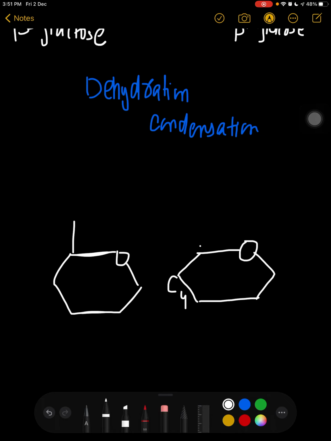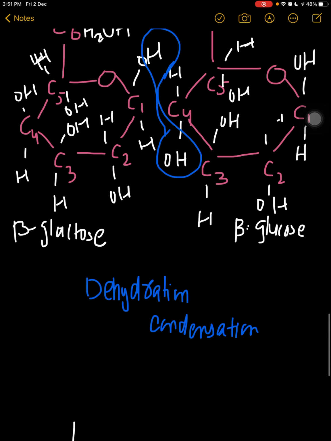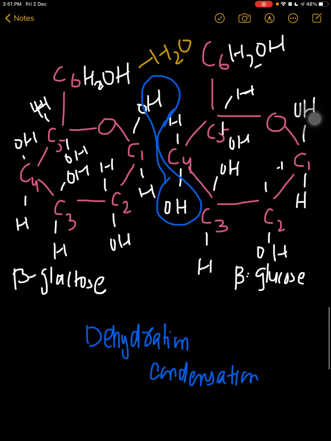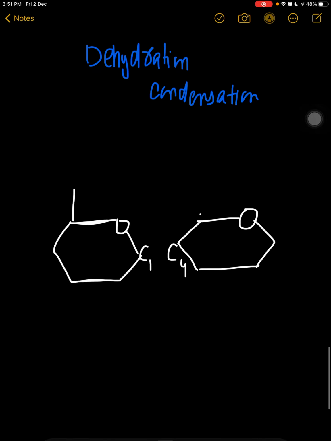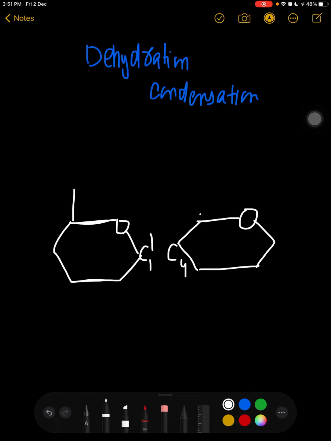Because this is carbon number 4 and this is carbon number 1, the bond will be formed with oxygen, and this oxygen will form a bond with this carbon.